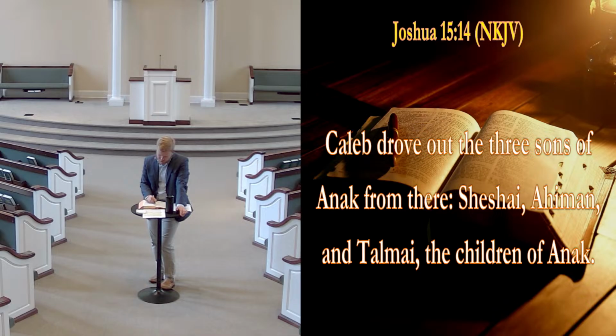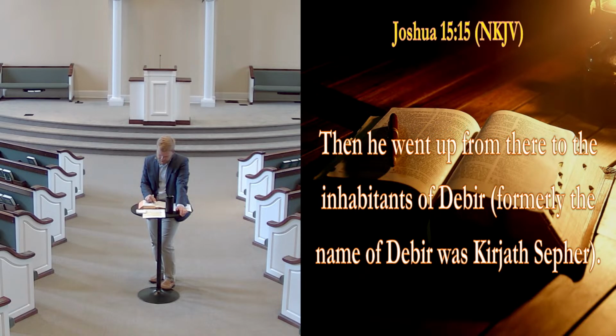But you see the 3 sons of the giant Anak, the children of Anak. Then he went up from there to the inhabitants of Debir, formerly the name of Debir was Kirjath Sepher.